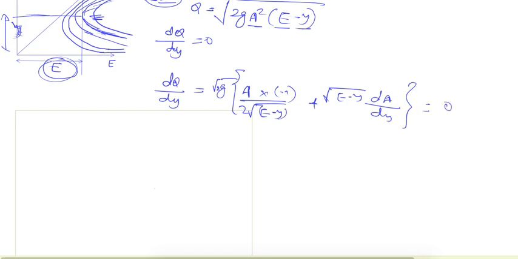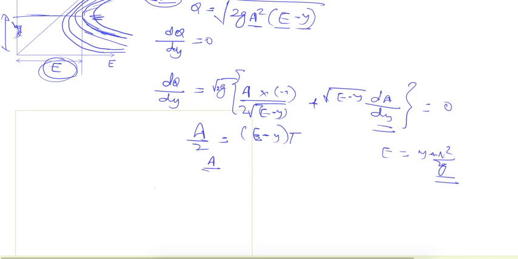So from here A upon 2 is equal to (E minus y), and we saw earlier also dA by dy is equal to T, and E is equal to y plus V square upon 2g. So from here E minus y is equal to V square upon 2g.